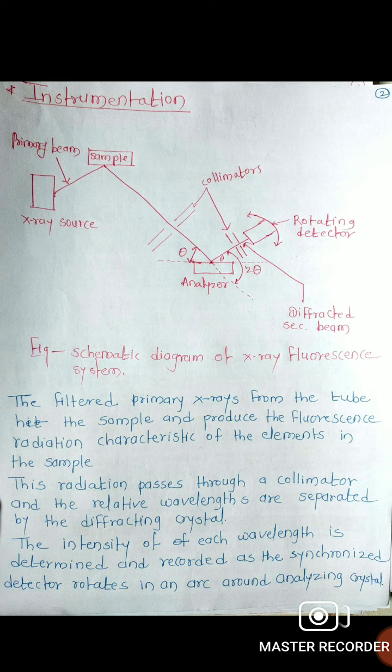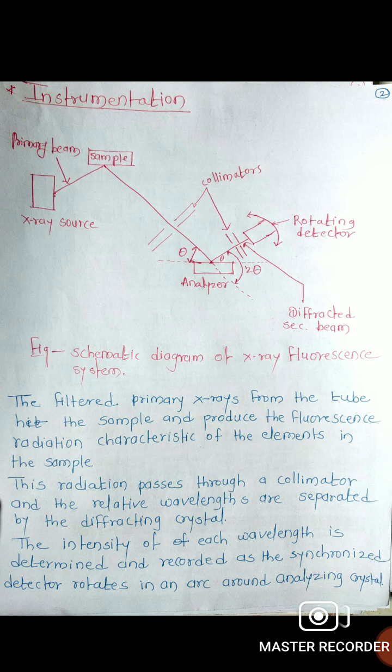These are the diffracted secondary beam or radiation. Here also there are collimators. There is the incident radiation at theta, and this is the diffracted radiation at theta, and that detector records or detects the radiation of that sample.